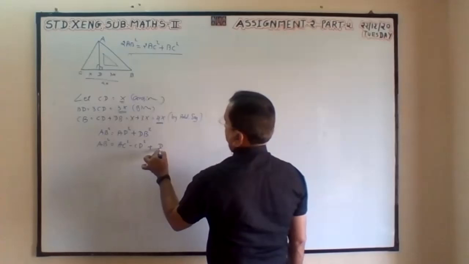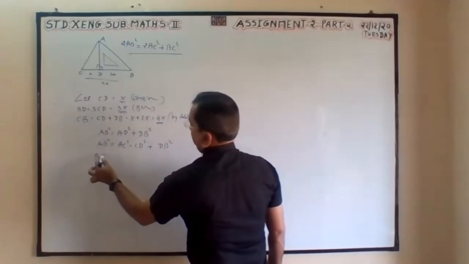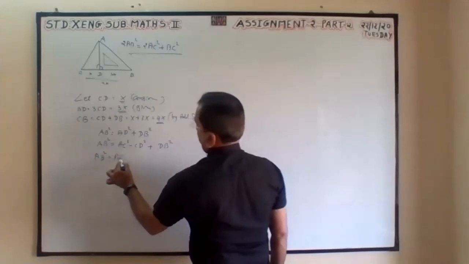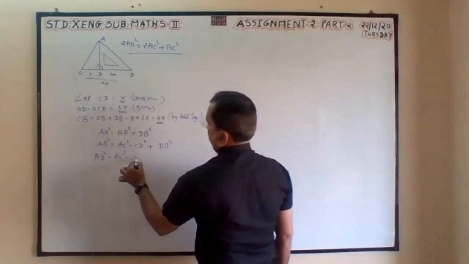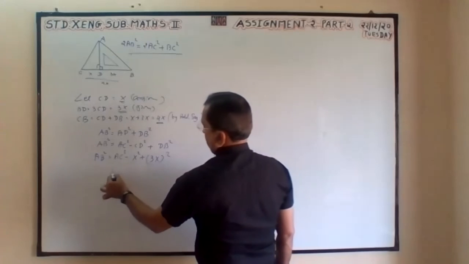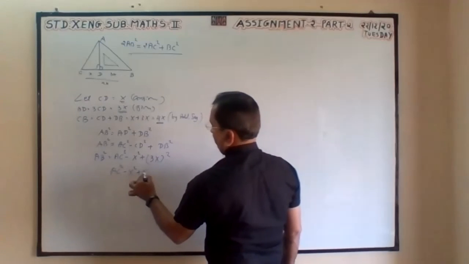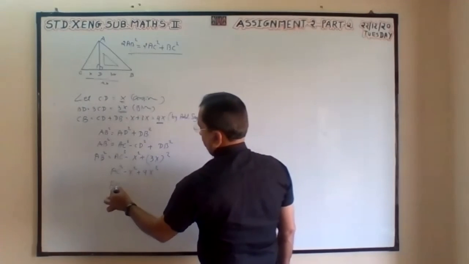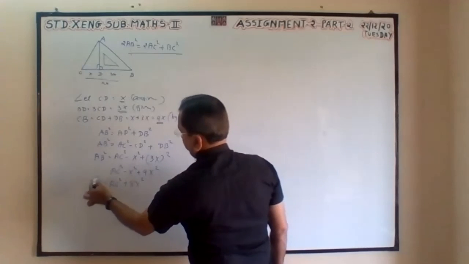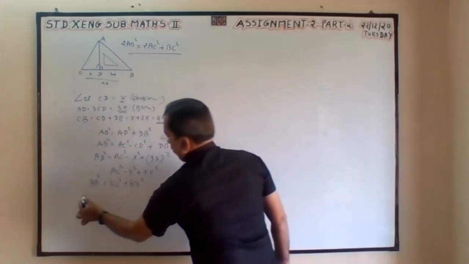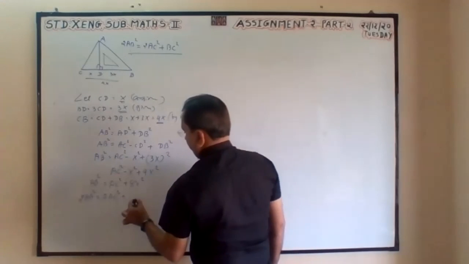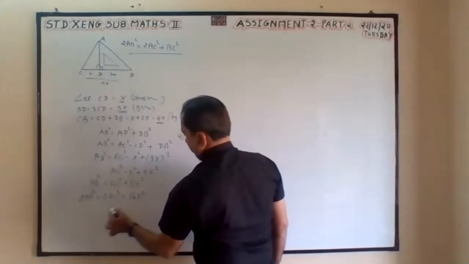So AB square is AC square minus x square plus 3x square, which is AC square minus x square plus 9x square, so AC square plus 8x square. I want 2, so all multiply by 2. 2AB square is equal to 2AC square plus 16x square.